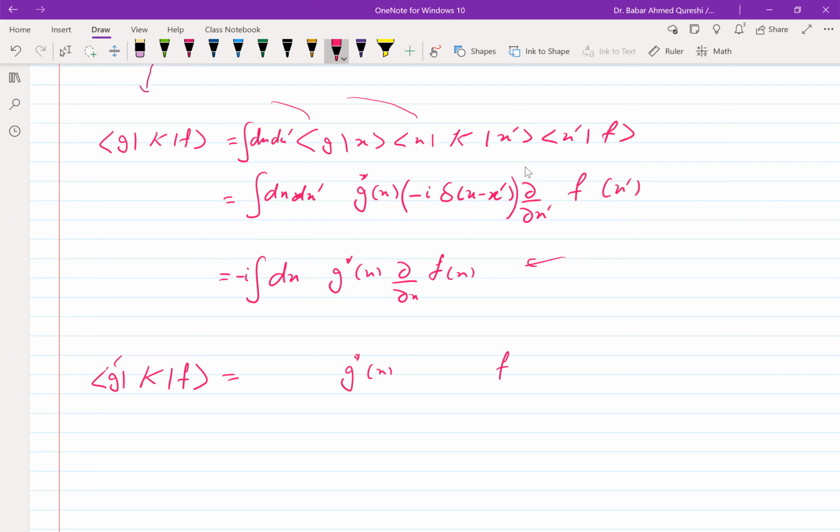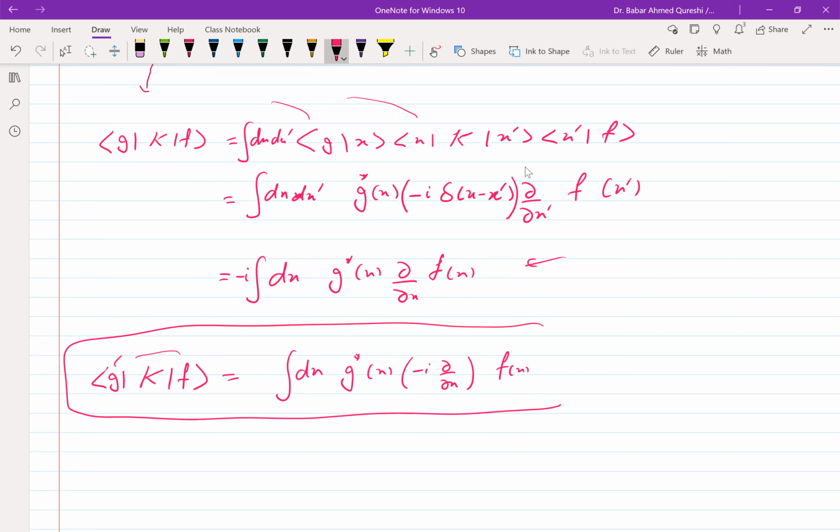F looks like f of x. And K's expression is minus iota d by dx. And the scalar product, since I'm making a scalar product, is given by integrating over it. That was actually the original scalar product in the L2 space. So that's the definition of this.